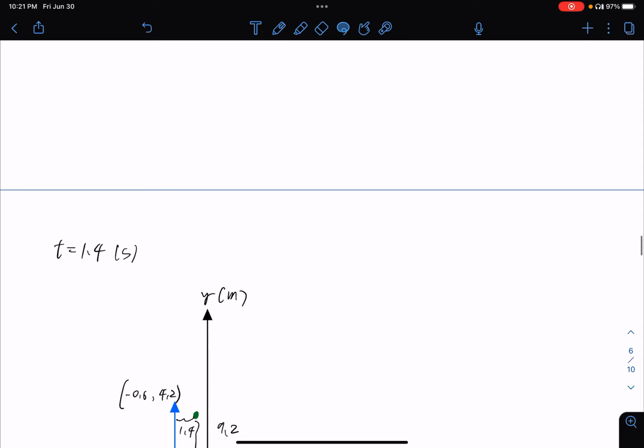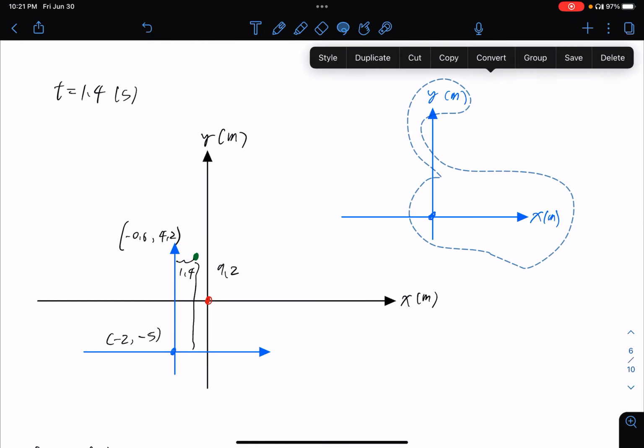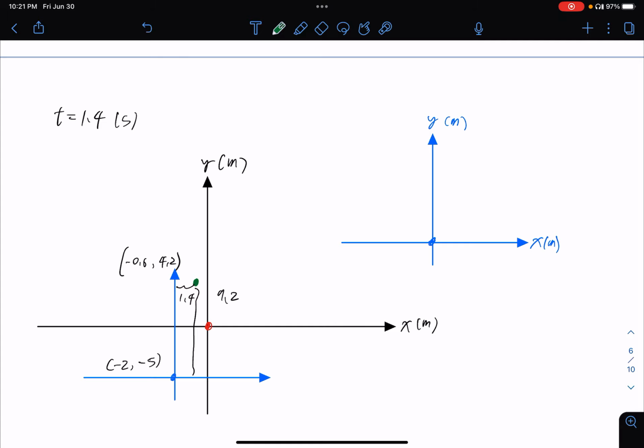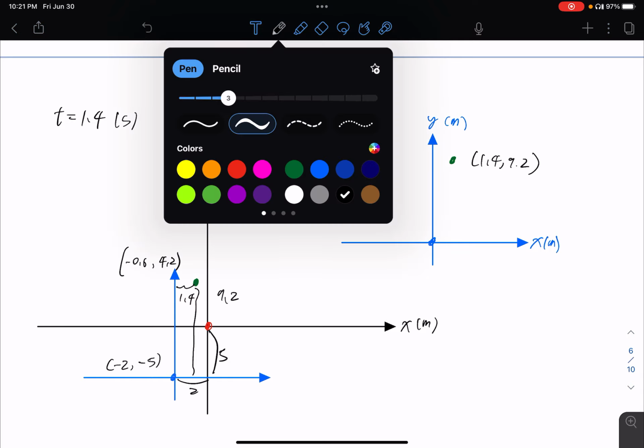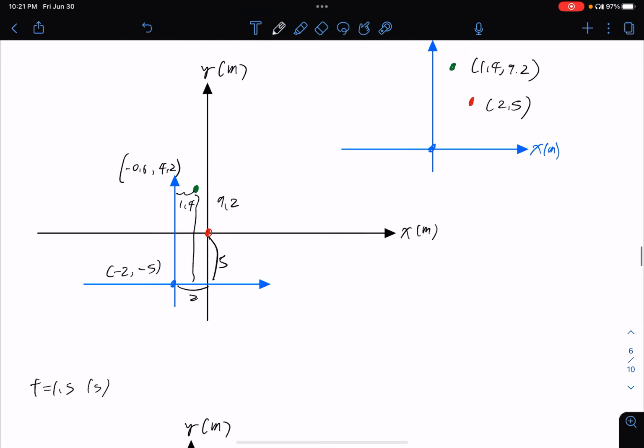So it should be 1.4 to the right, 9.2 to the top. And here's where the green dot is in the blue dot's frame at 1.4 seconds. For the red dot, it's going to be just 2 and 5, so the red dot is going to be 2 and 5 here. Good.